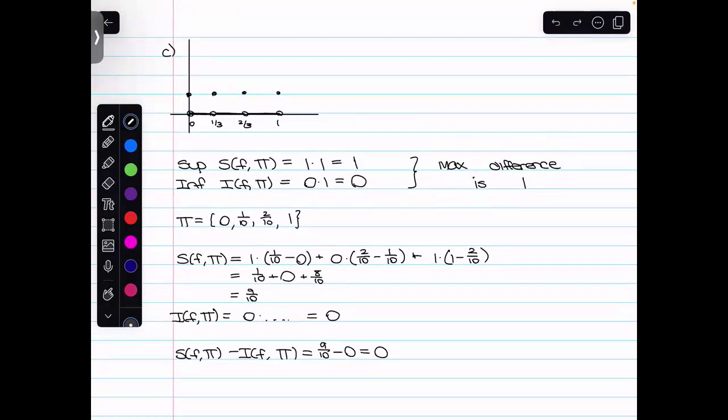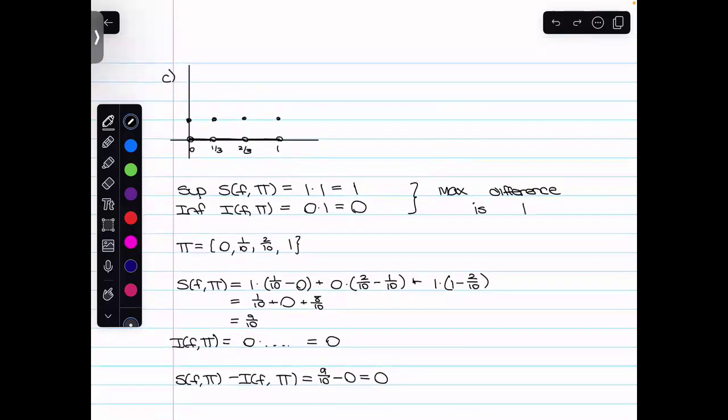And then you're trying to make that smaller, which means that you either need to make it so that at least one subinterval doesn't have a high supremum, or at least one doesn't have a low infimum. And the only way to accomplish that here is, again, to pick subintervals that don't include the high value of 1.